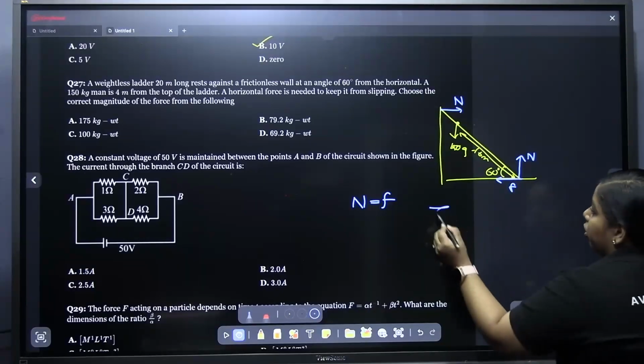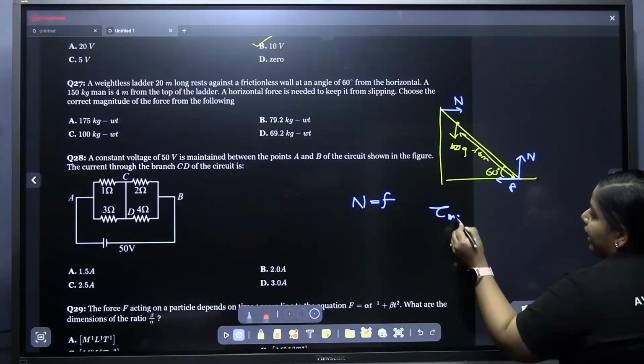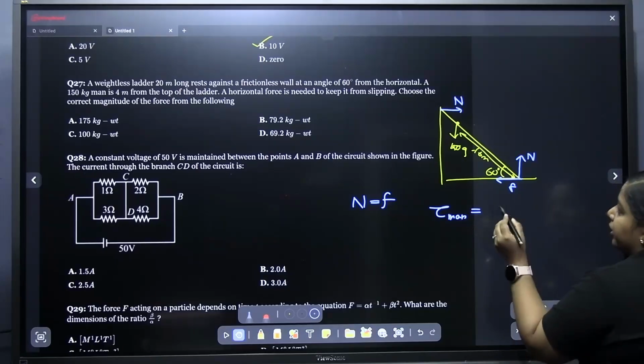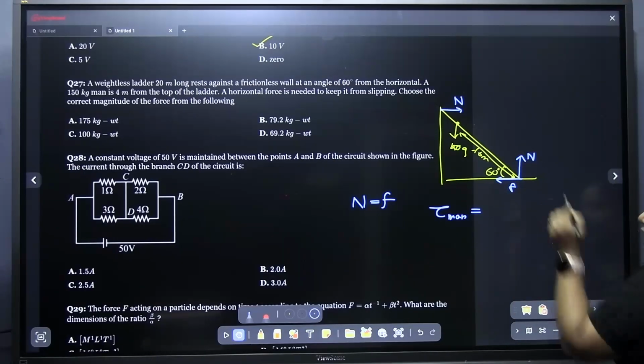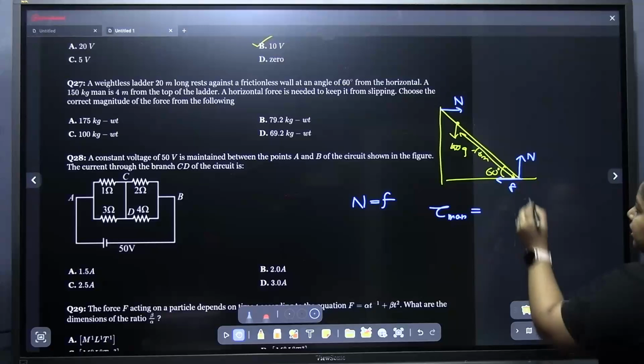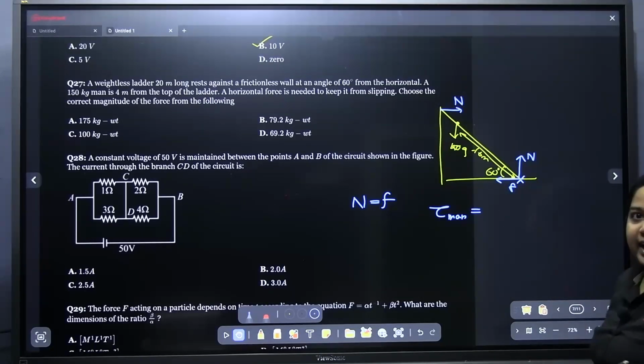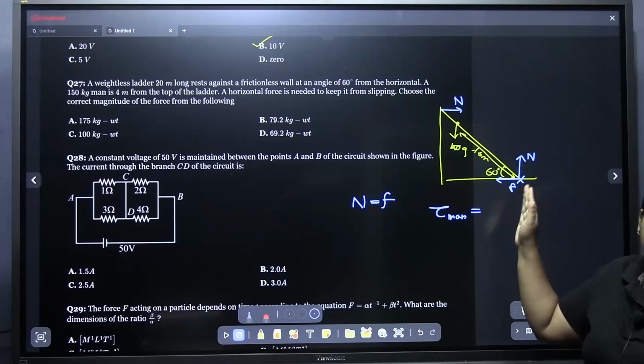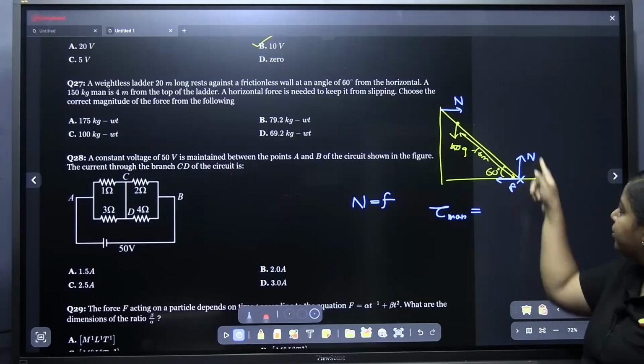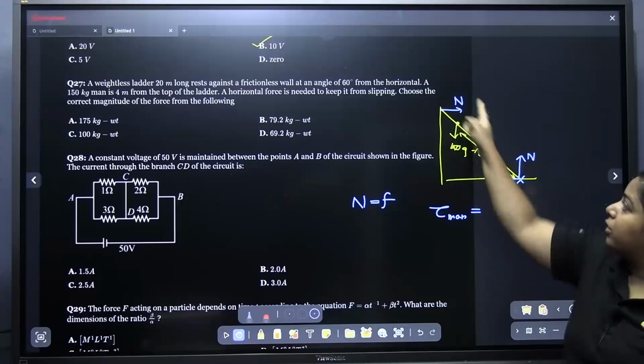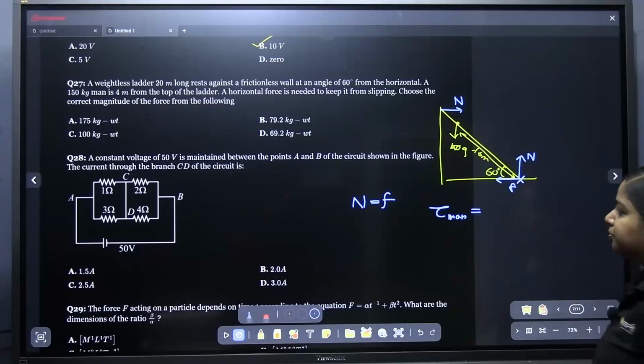Now torque due to man should be equal to this. Here we don't see the torque because we are considering this as the axis. So perpendicular distance for the point of application of force is 0. So there will be no torque due to these two. Torque will be due to these two.